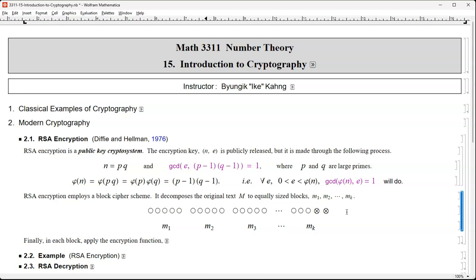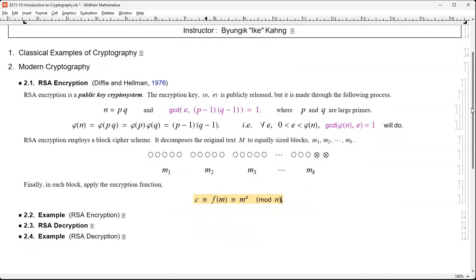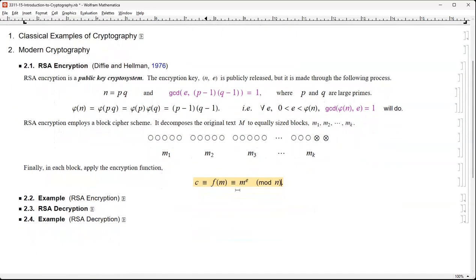Finally, in each block, apply the encryption function, which is m to the e power. Now maybe some students will recognize that, oh, that's why e is selected as relatively prime to phi of n, because this is mod n.